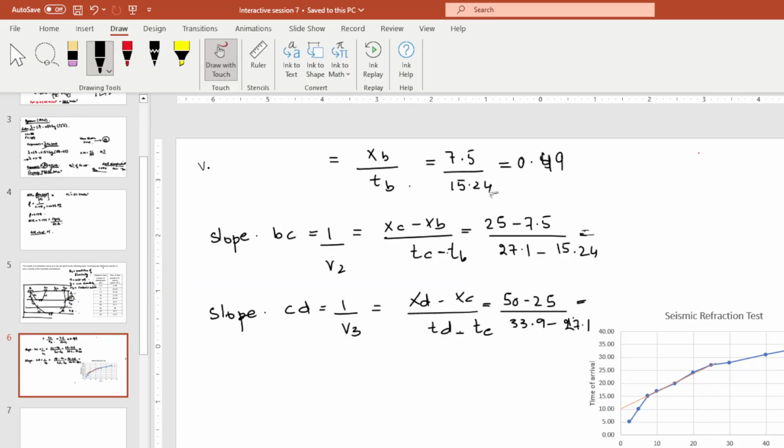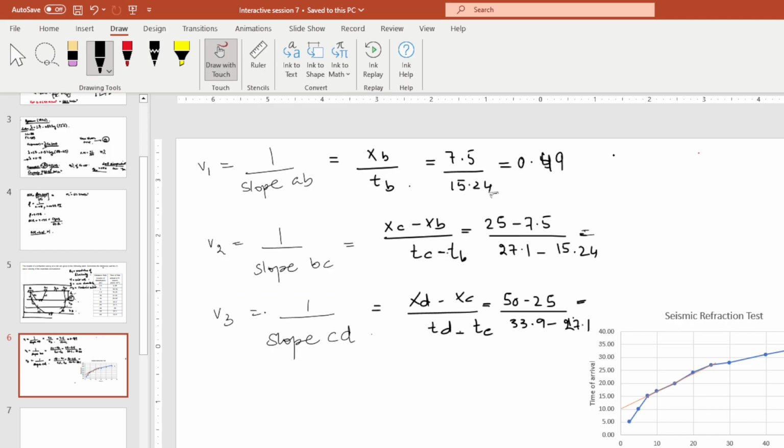V2 equals 1 over slope of BC. V3 equals 1 over slope of CD.